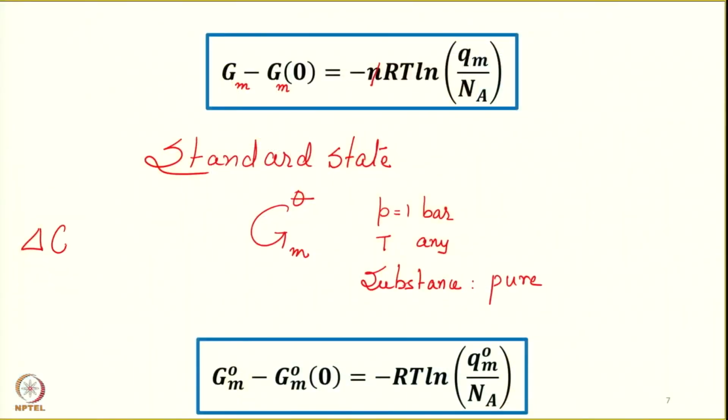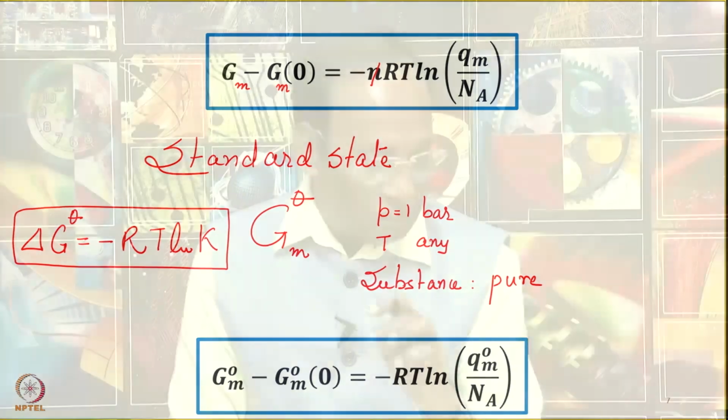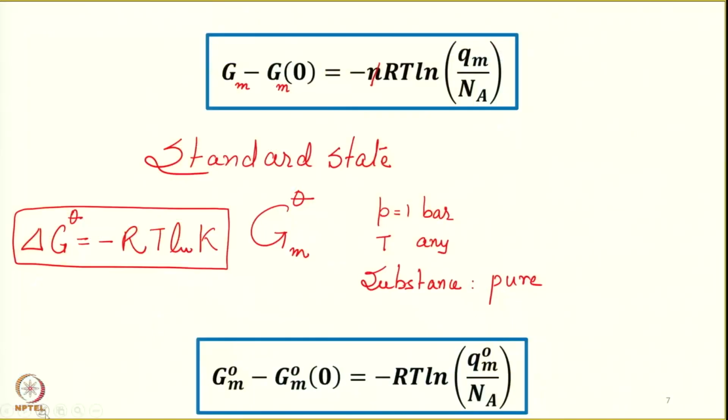Delta G naught is connected to equilibrium constant by minus RT log K. Now you will be able to appreciate that if at a later stage I need to connect Gm naught or Gibbs function under standard state conditions with equilibrium constant, then I need an expression in terms of Gm naught.